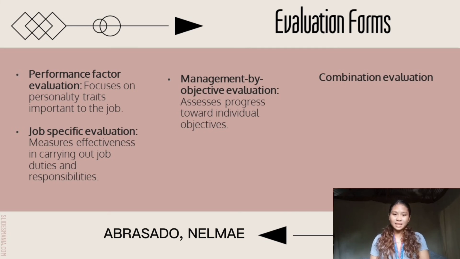Next is address development. An employee performance evaluation form's primary objective is to encourage personal and professional growth, so make room for determining and establishing training objectives. Next is provide detailed feedback.